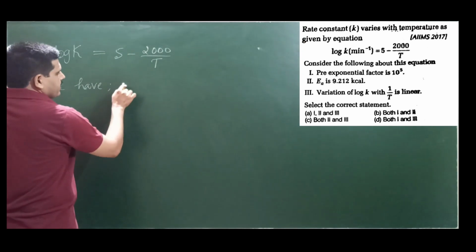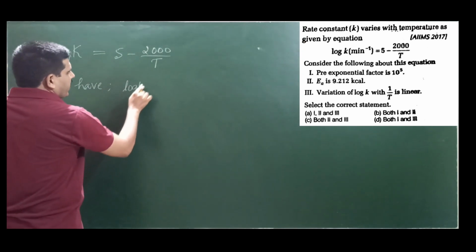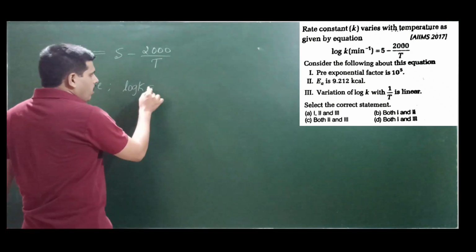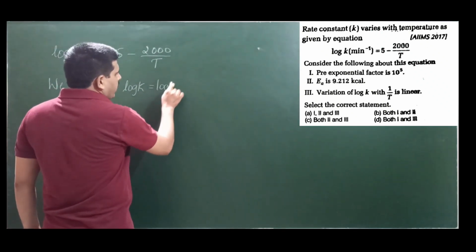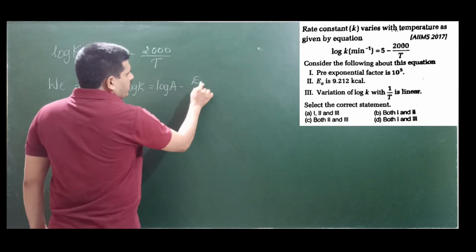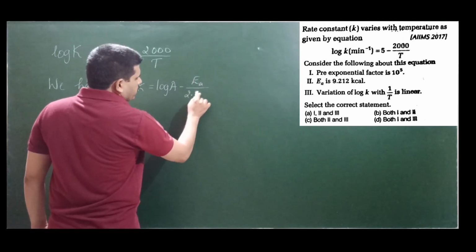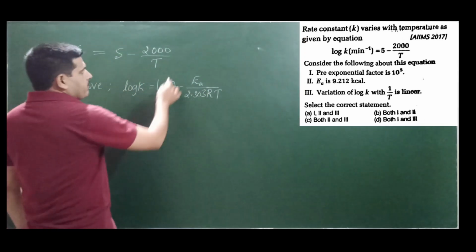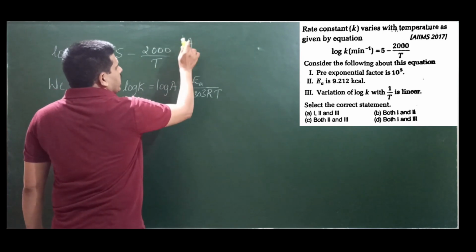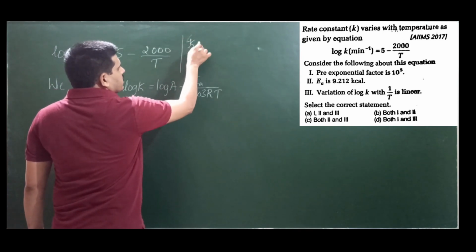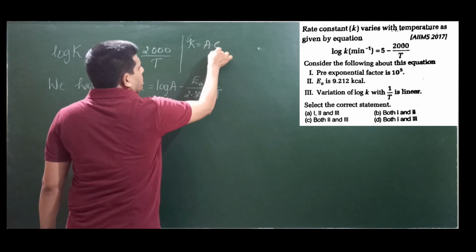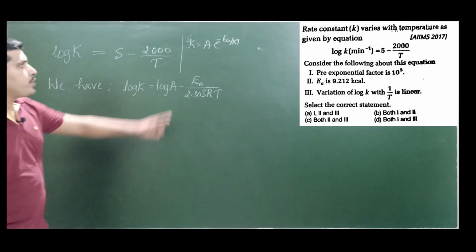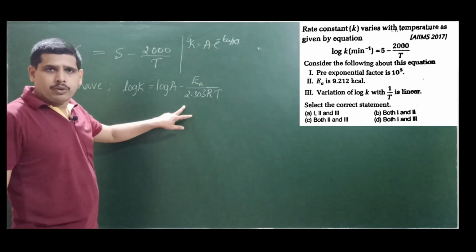I am writing directly the logarithm form of the Arrhenius equation: log K is equal to log A minus EA divided by 2.303 into R into T. Do you agree? Basically we have the Arrhenius equation as rate constant K equal to A into e to the power minus EA by RT.